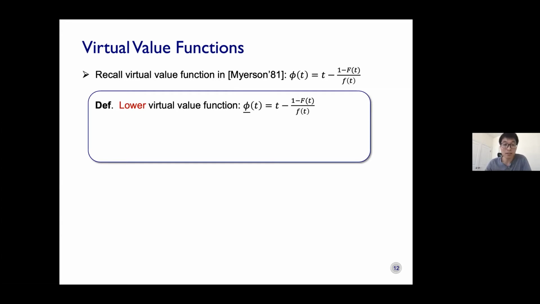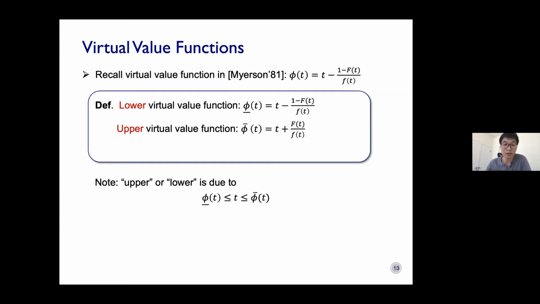The terminology lower is because we have another notion which we call the upper virtual value. You can see it's almost the same as the lower virtual value, except it doesn't have the 1 divided by f(t) term. The name upper and lower is because the upper virtual value is always greater or equal to t, because it has t plus a term, and the lower virtual value is always less or equal to t, because it has t minus a positive term.